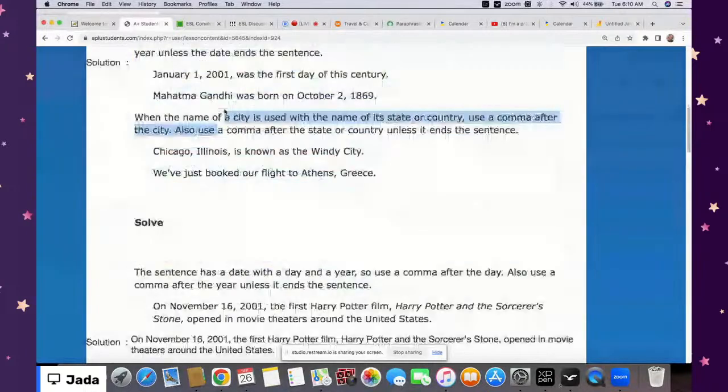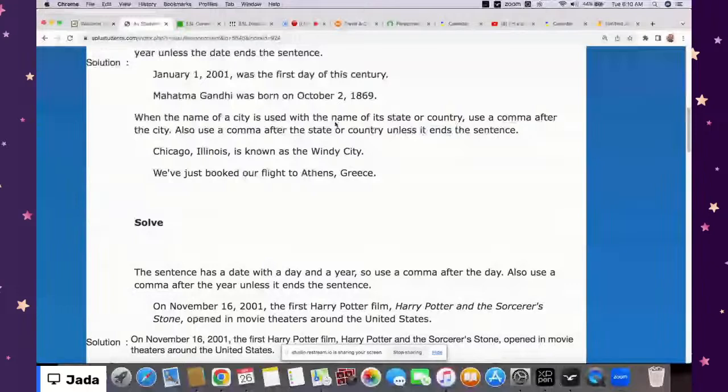So moving on to the place. When the name of a city is used with the name of its state or country, take note. When the name of a city is used with the name of its state or country, use a comma after the city.